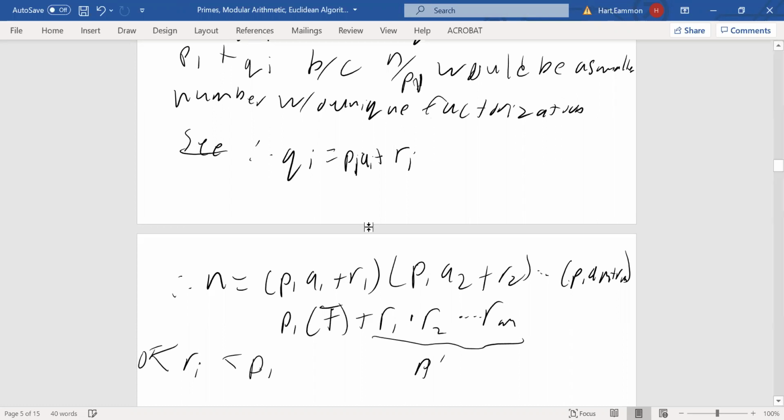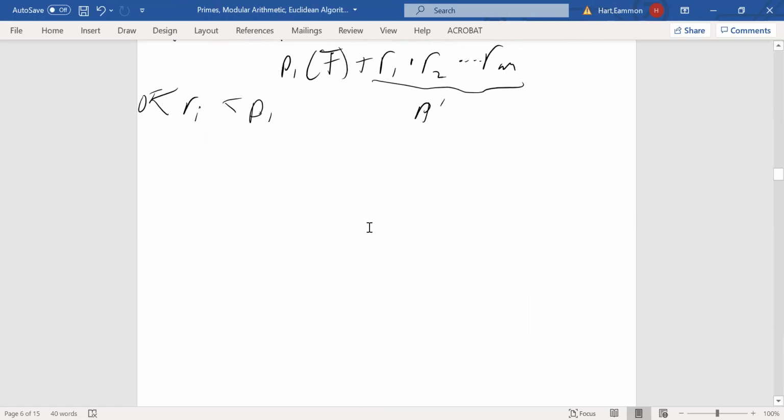So we've got this new guy n prime. And this right here is going to represent something that can be turned into a prime factorization, right? So n prime is equal to R1 through Rm, but it's also equal to Q1 minus, what do we call this? We called it Ai P1.